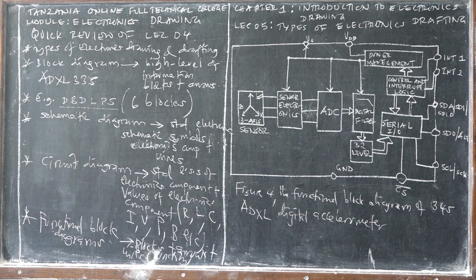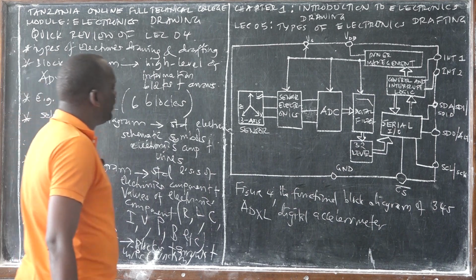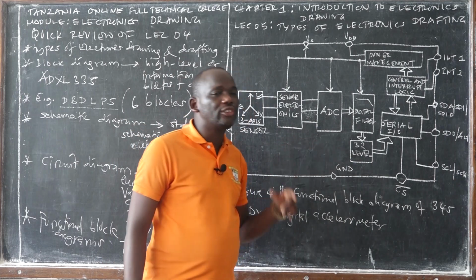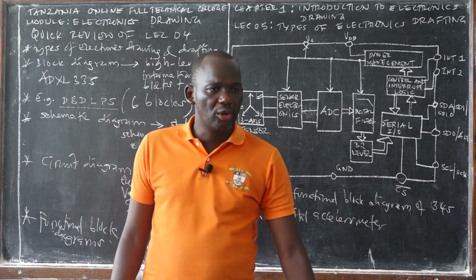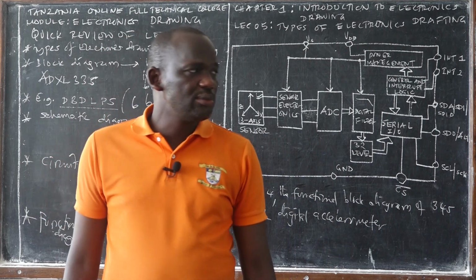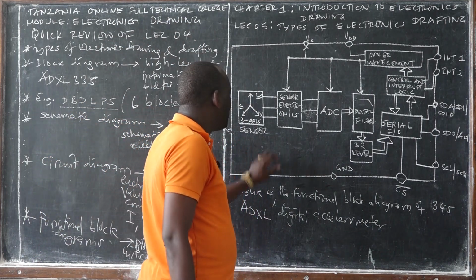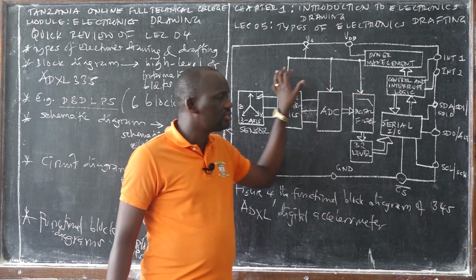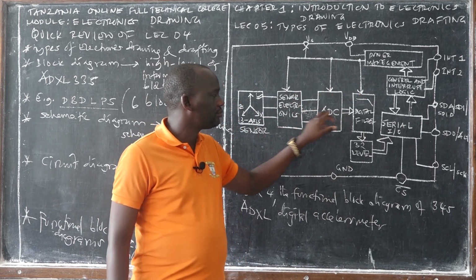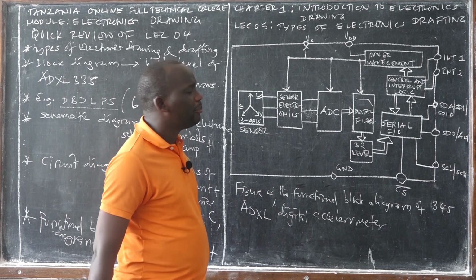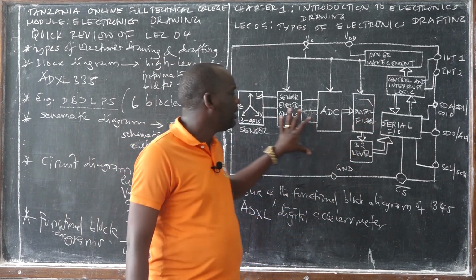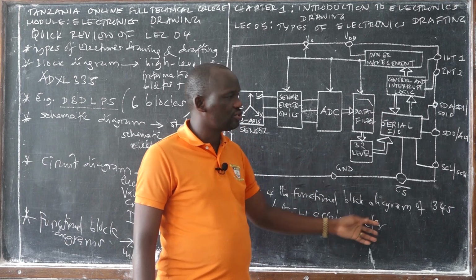You may notice that the way it looks is completely different from the general block diagram. In block diagrams, in most cases, we have single arrows. But in this case, you have arrows and also wires.